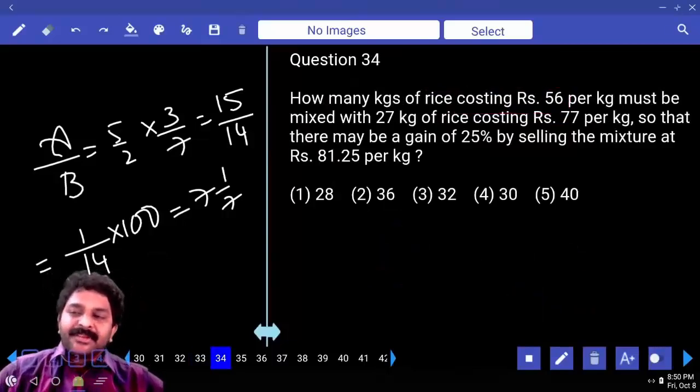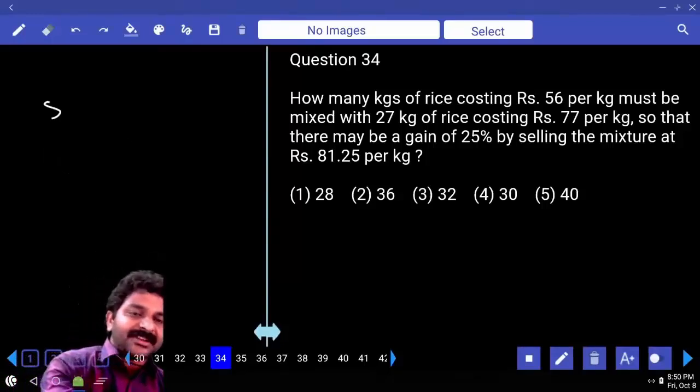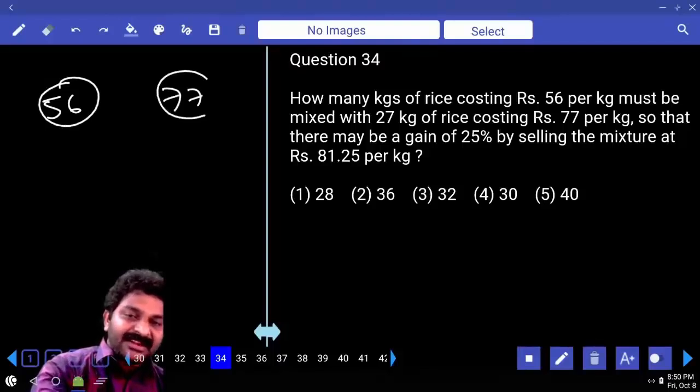How many kgs of rice costing 56 rupees per kg must be mixed with 27 kgs of rice costing 77 rupees per kg? What concept should be used? Allegation. First variety cost 56, second variety cost 77.